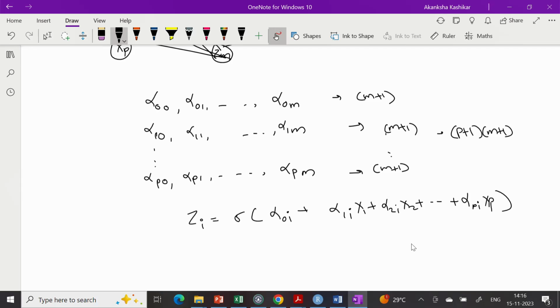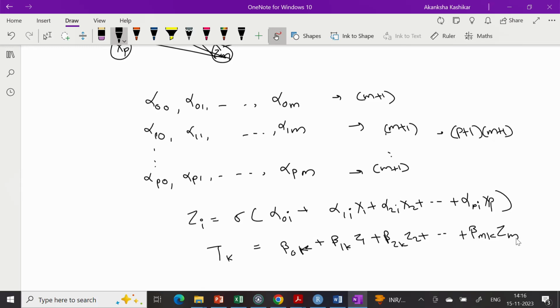And from these Zi, we construct a new quantity called Tk. How is Tk constructed? Tk is beta naught k plus beta 1k z1 plus beta 2k z2 plus up to beta mk zm. So how many Tk's will I have?